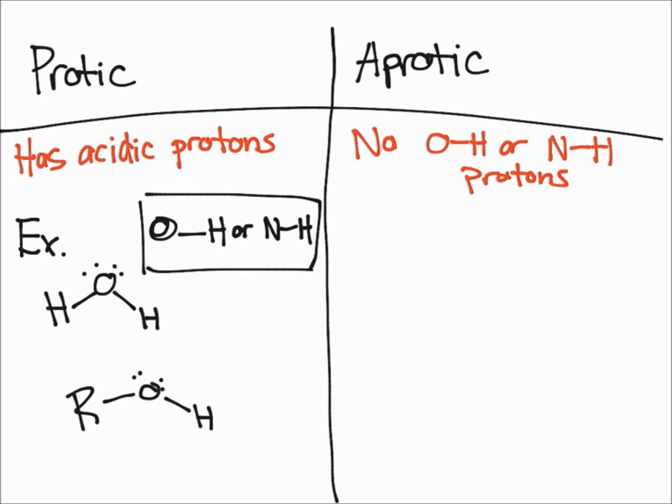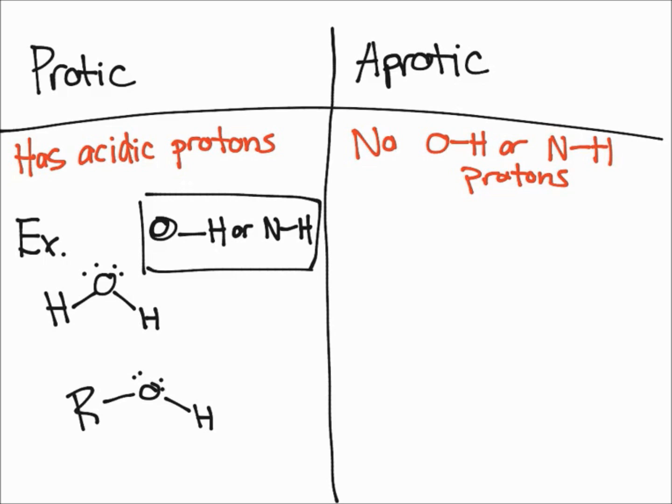As you can see below, I've given some examples. Water, for example, has an acidic proton, and any alcohols are also going to have an acidic proton. A hydrogen bonded to nitrogen will also have an acidic proton.